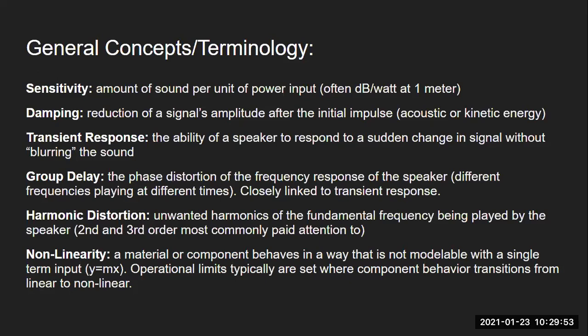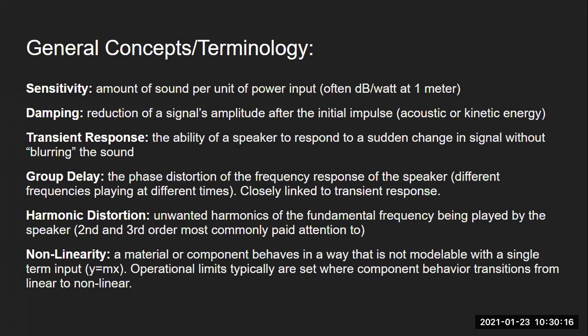Then we have transient response. So transient refers to over a period of time. And so transient response is the ability of a speaker to respond to a sudden change in signal without blurring the sound. And this plays into group delay, which is essentially a specific phase distortion where different frequencies aren't all coming through at the same time.